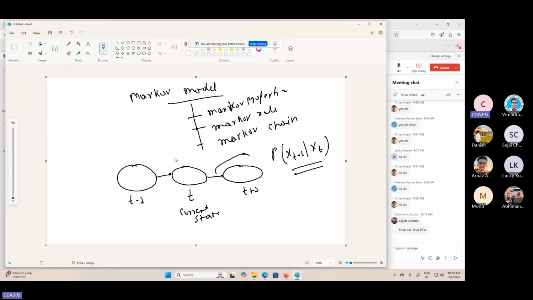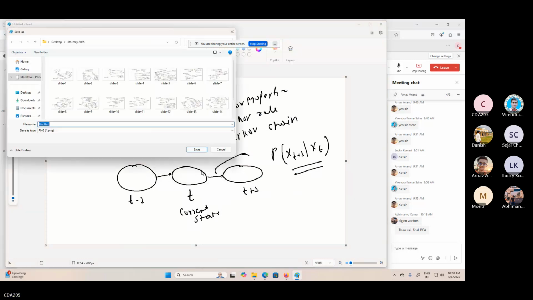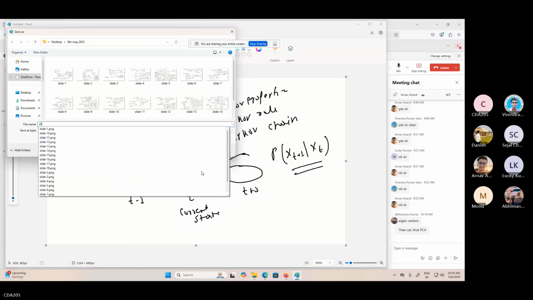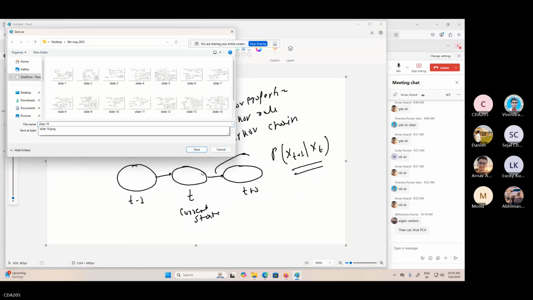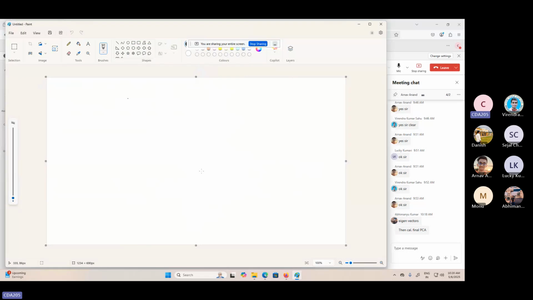In this we have also seen the hidden Markov model, that is the latent variable.